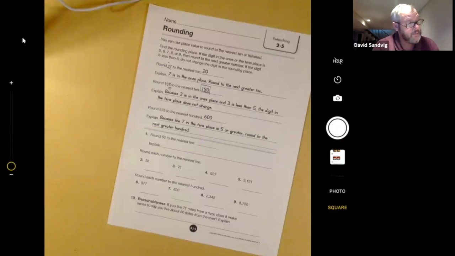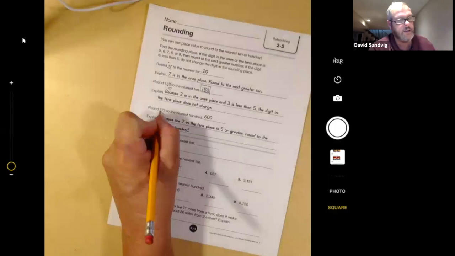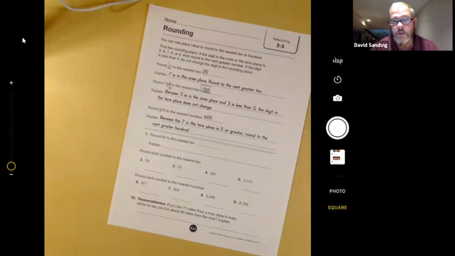And the last example, round 575 to the nearest 100. The hundreds place, we're going to look at the 5. That's what's going to change or stay the same.